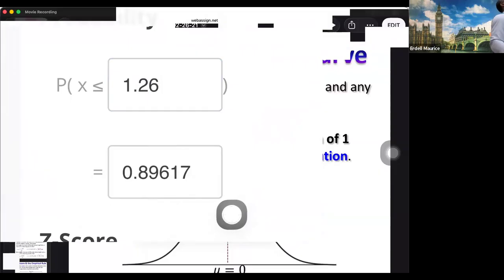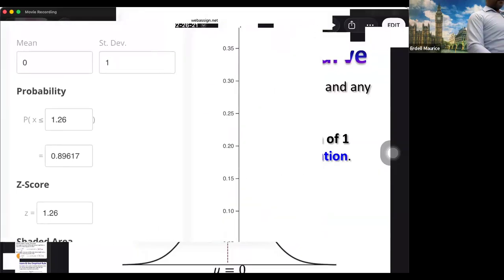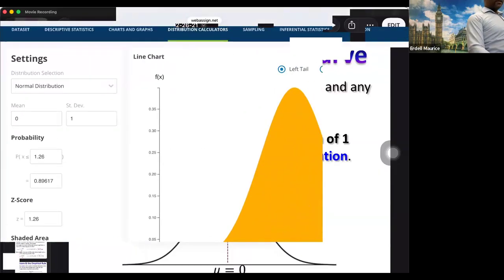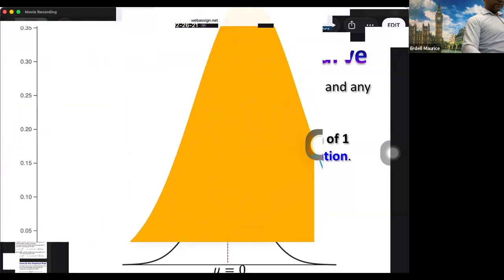To further help you understand your answer, over here, they have the answer shaded for you. So 1.26 right here, you see this line coming down? This line comes down at exactly 1.26. I want the area to the left of that. And so this area is shaded. Questions there? The entire area under the curve is 1. And so if I am not shading the entire curve, the answer is going to be less than 1.